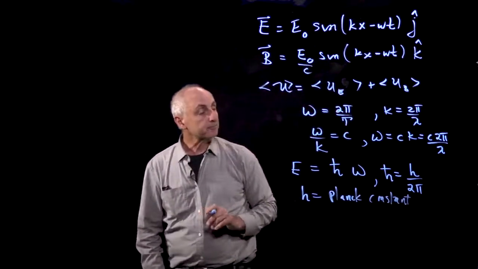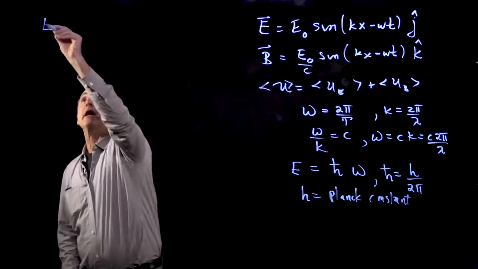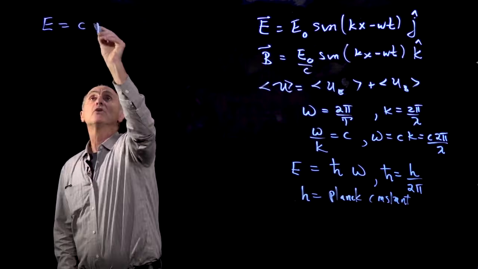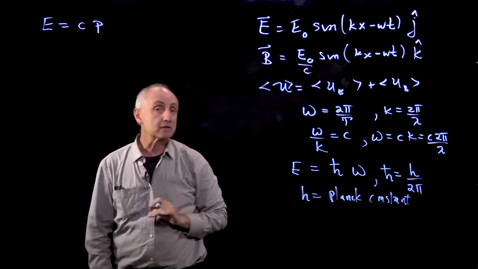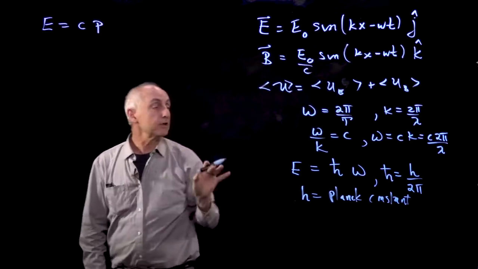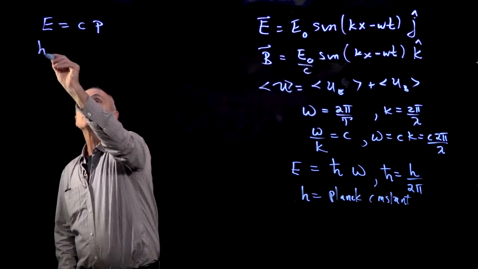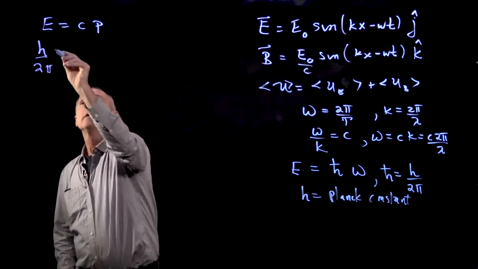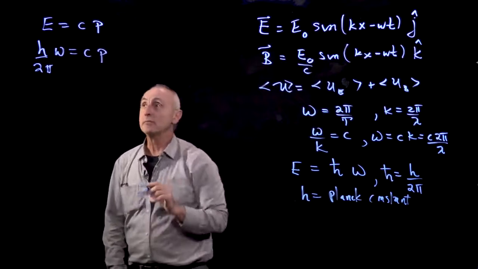Now, we saw that the energy of our electromagnetic wave was related to the momentum of the wave by the speed of light times the momentum. And if we combine these results, we have that h over 2 pi times the angular frequency is equal to c times the momentum.